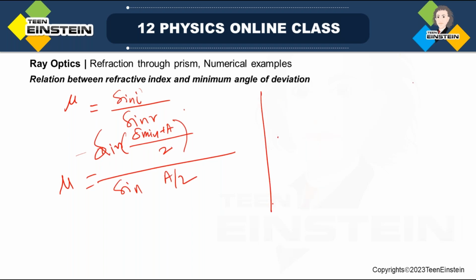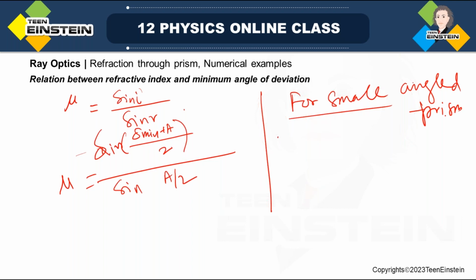Now for the small angle case, small angle prism, delta is related to mu.